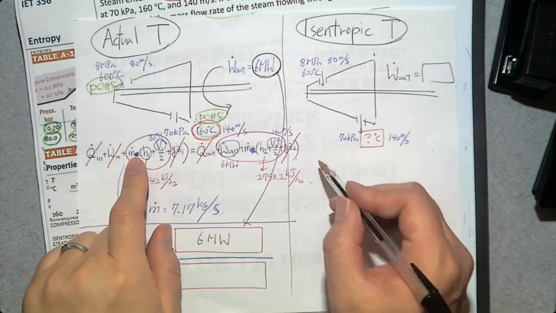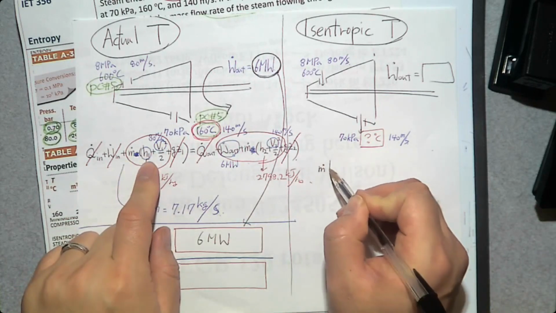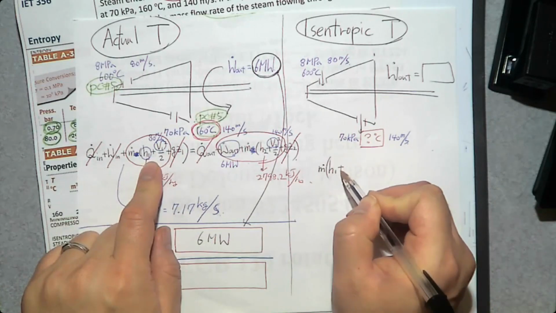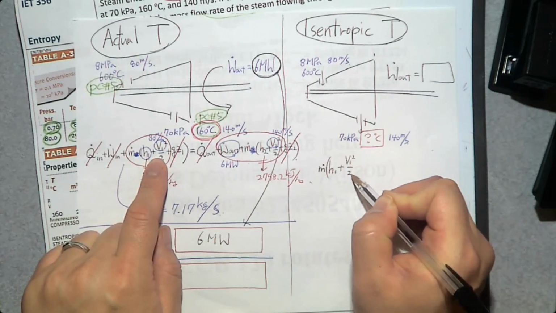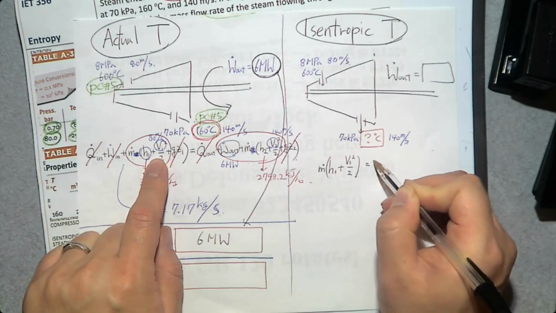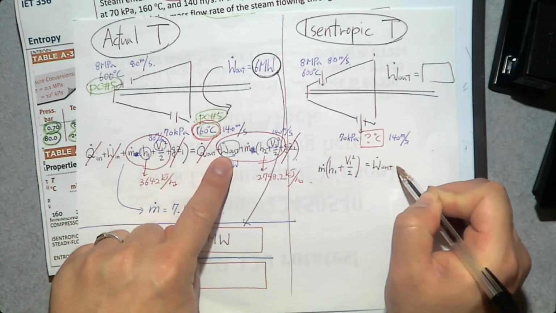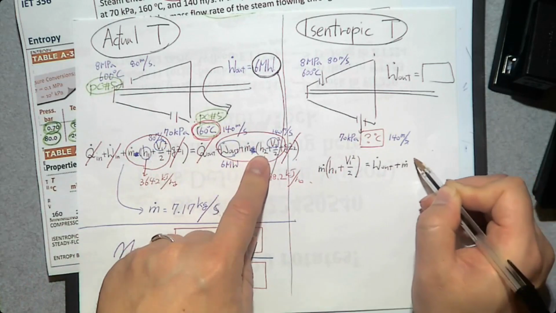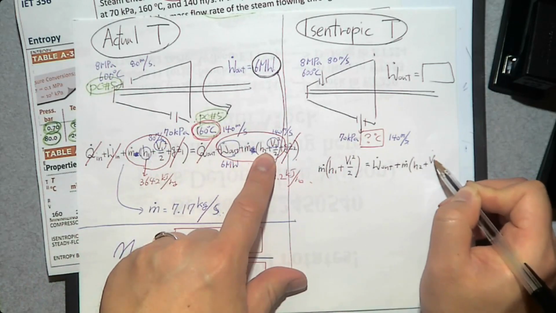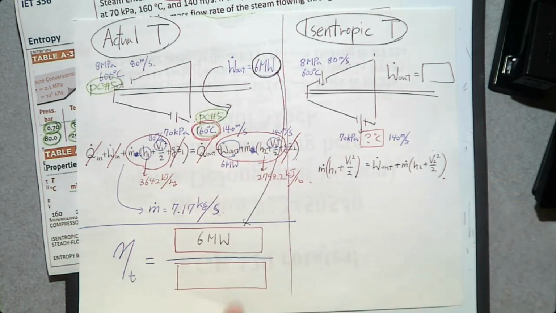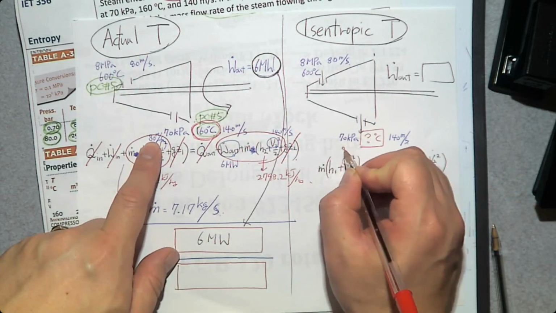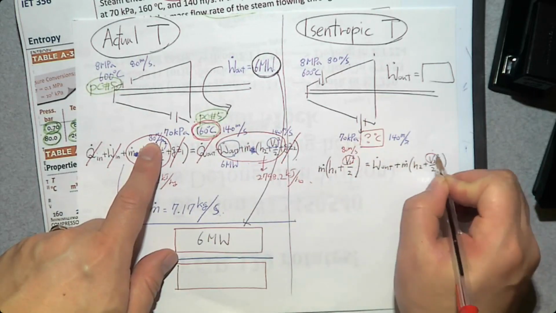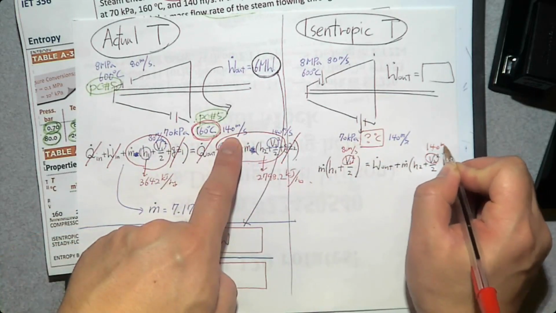So we got m dot (h1 plus v1 squared over 2) equals W dot out plus m dot (h2 plus v2 squared over 2). Now, the velocities do not change between here and there. So we have 80 meter per second, 140 meter per second.